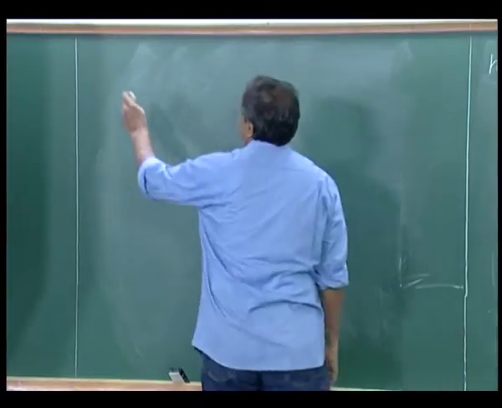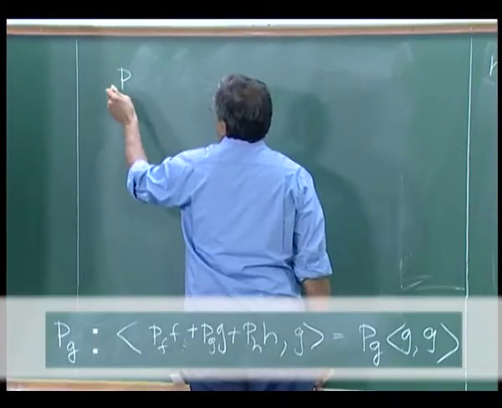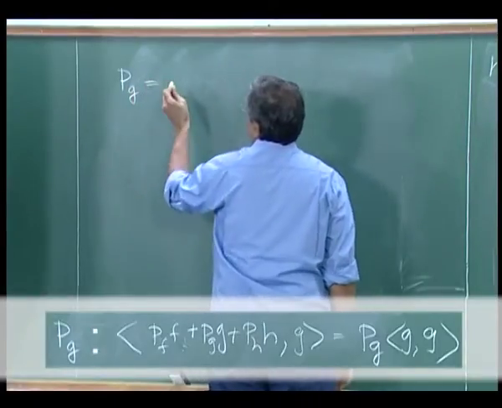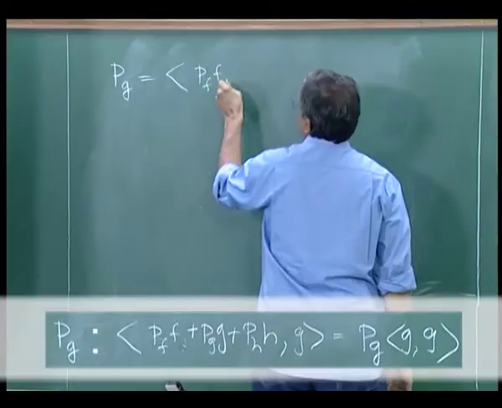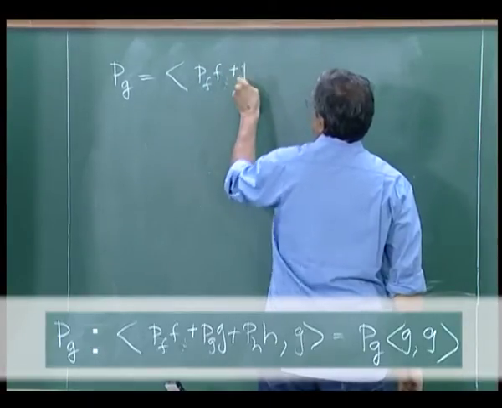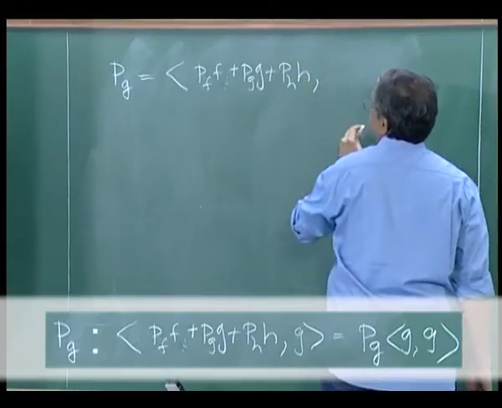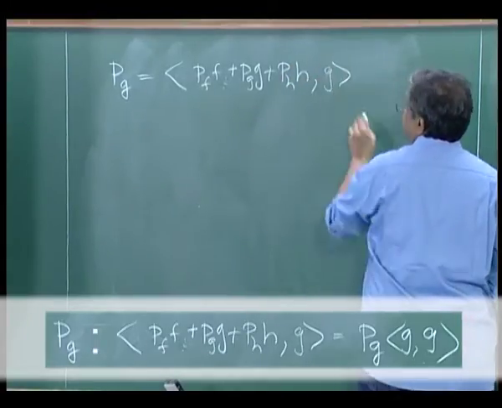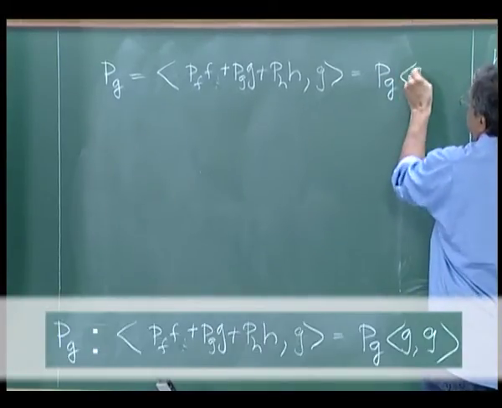in a similar fashion, Pg will be Pf f plus Pg g plus Ph h dotted with g, which will give me Pg times g dot g.